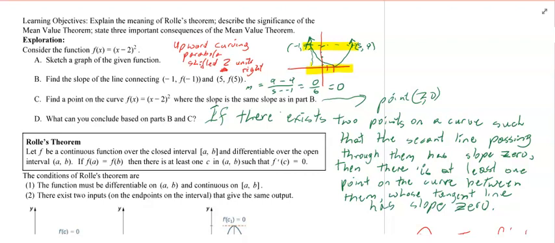Find the slope of the line connecting (-1, f of -1) and (5, f of 5).